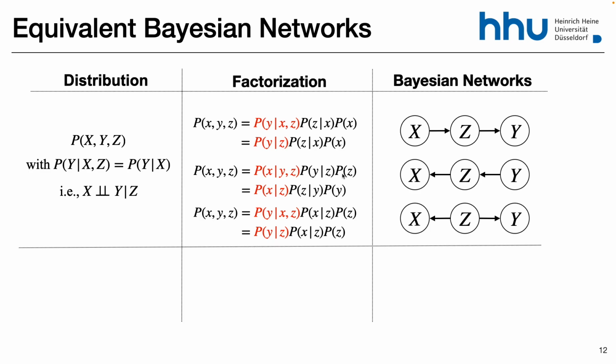So if I give you X independent of Y given Z, what's the best graph? I give you this data, where X and Y are independent given Z, and then I ask you, which graph represents my data better?